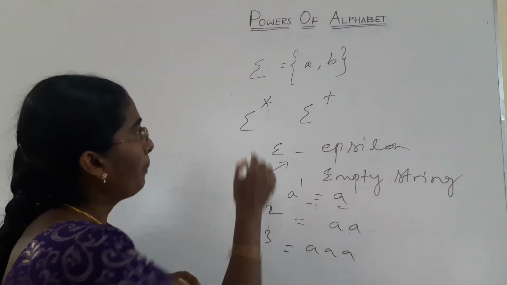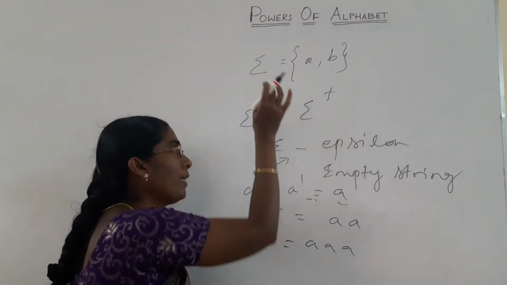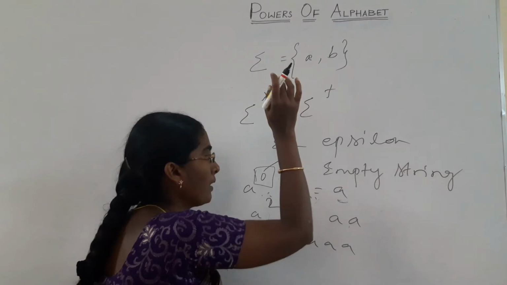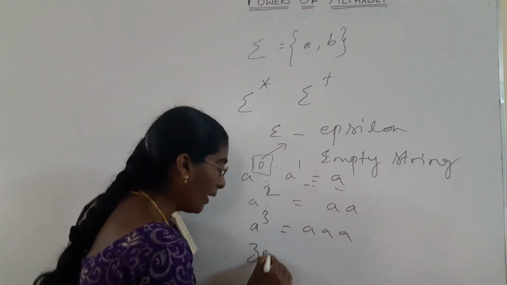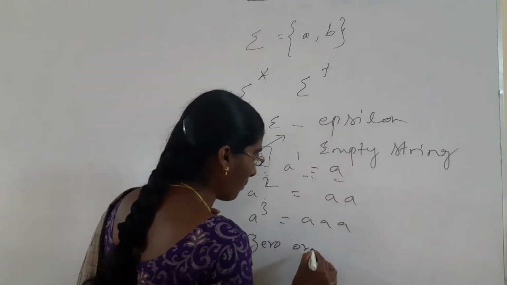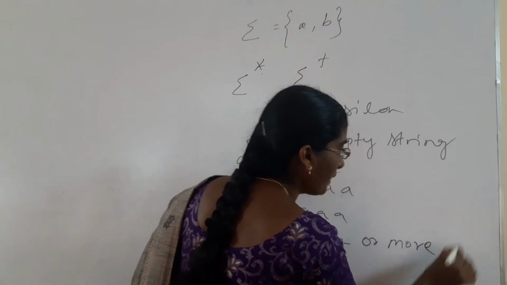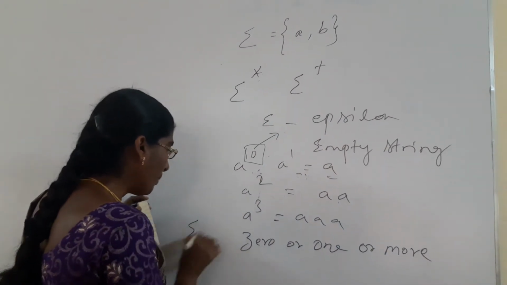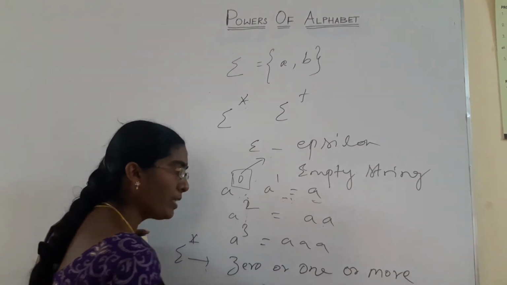So powers of an alphabet consist of two major things: summation star and summation plus. Star represents 0, 1 or more occurrences of the symbol, right? Summation star represents 0 or 1 or more occurrences of the symbol.